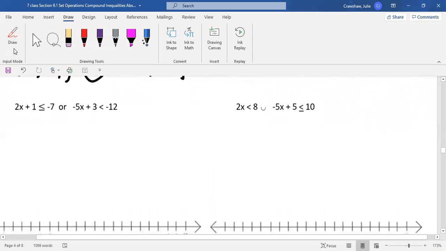So go ahead and stop the video and give these two a try on your own. Isolate the variable and then determine what the solution is.